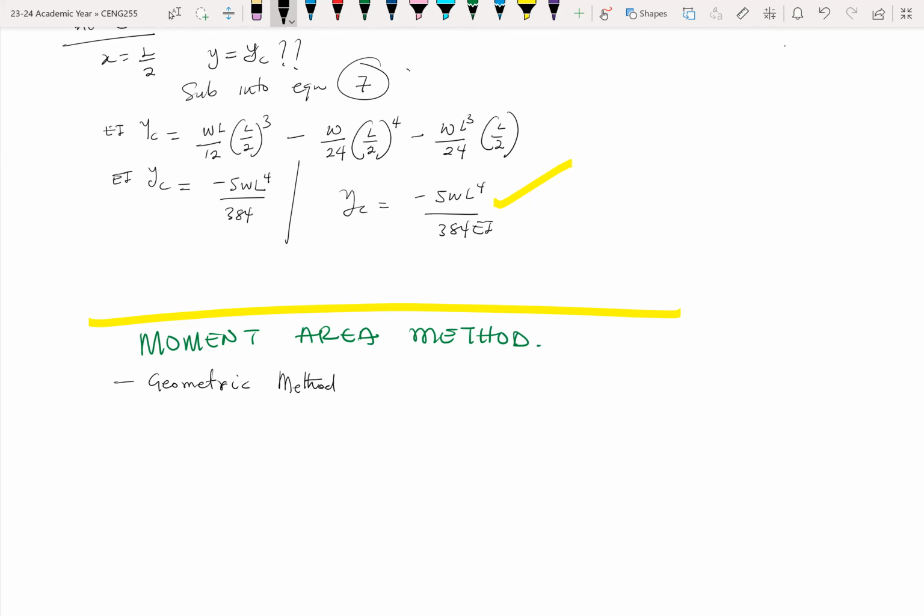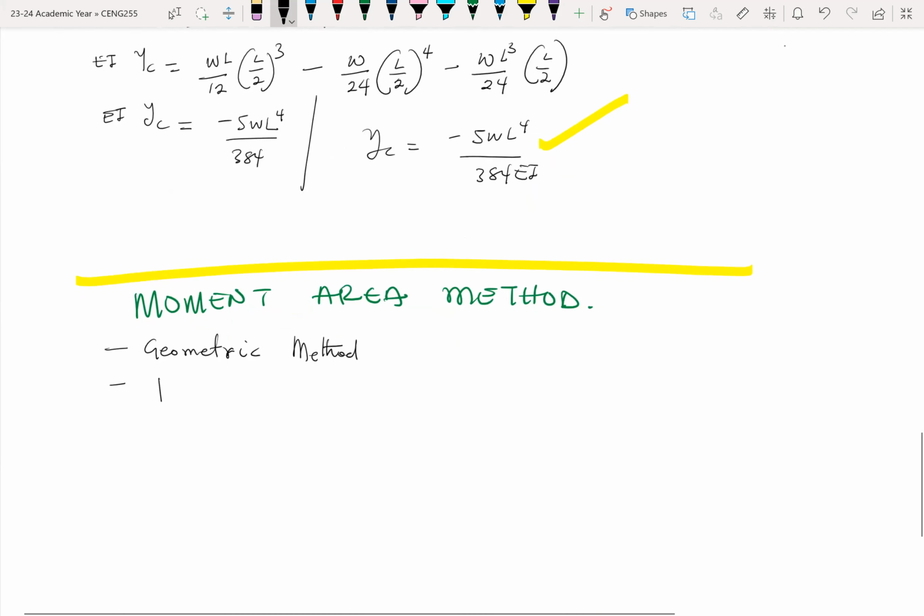Okay. So basically it is a geometric method which provides a way to find slopes and deflections.